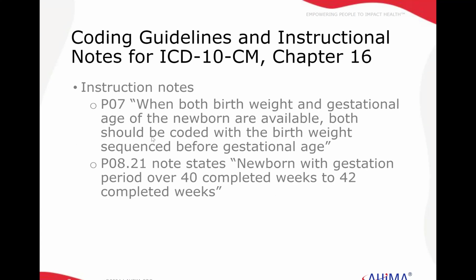There are a lot of instructional notes in this, and one of the big ones is right here under P07. When both the birth weight and the gestational age of the newborn are available, both should be coded with the birth weight sequenced before the gestational age. You will see this time and time again. So when both are documented, and often they are, you want to put the birth weight first.